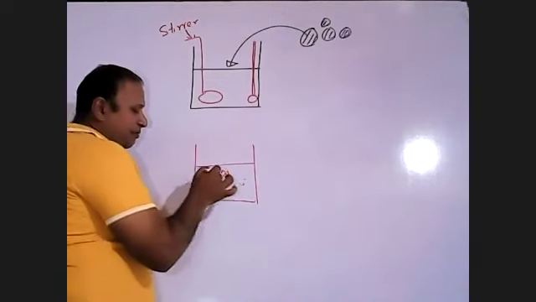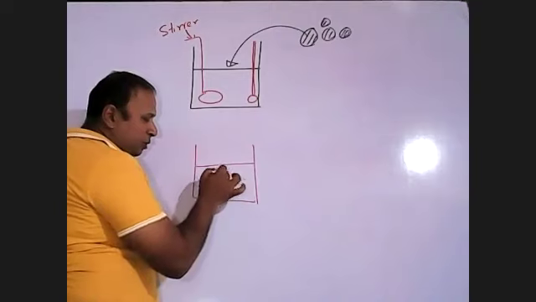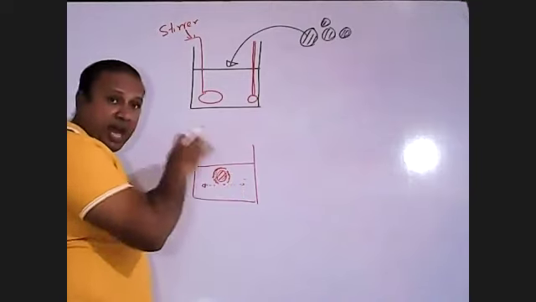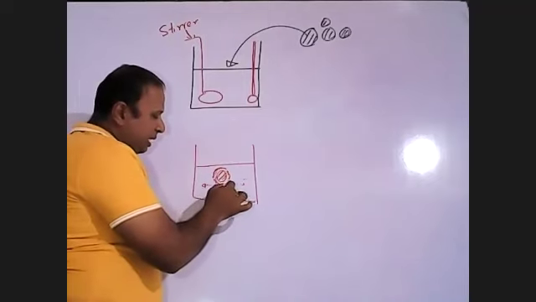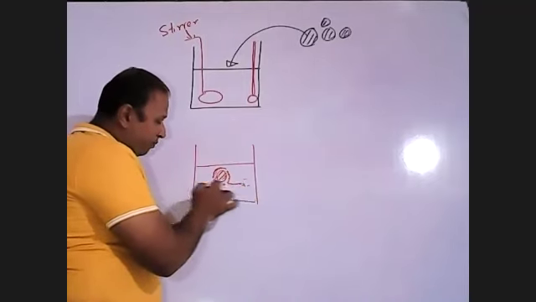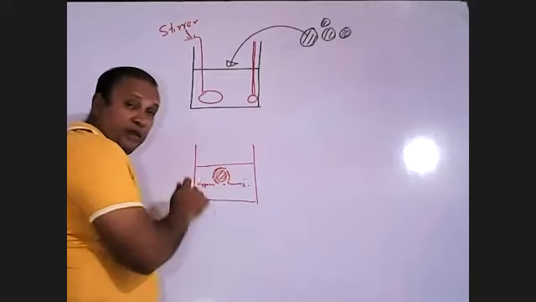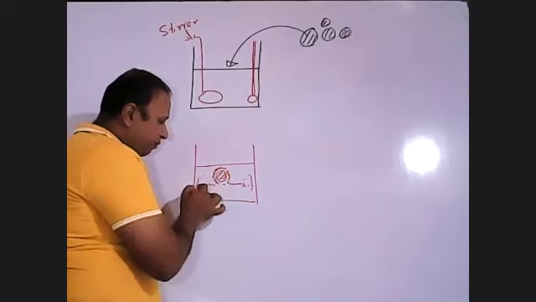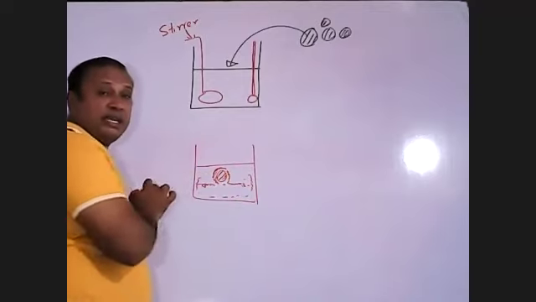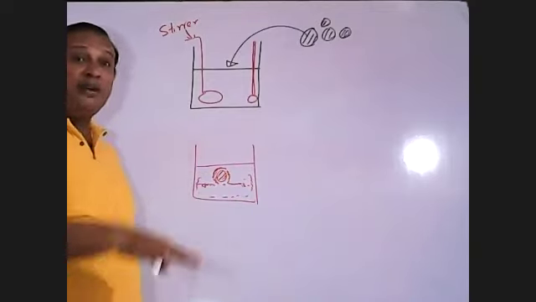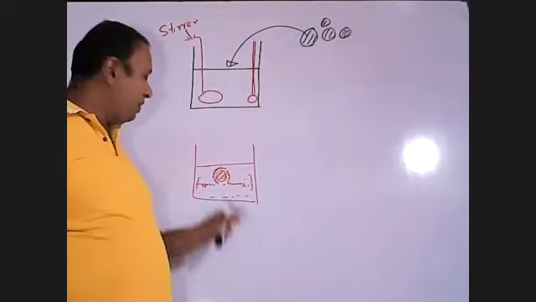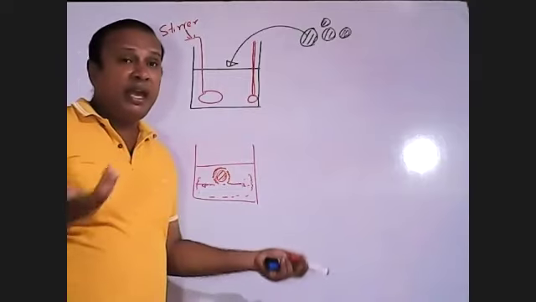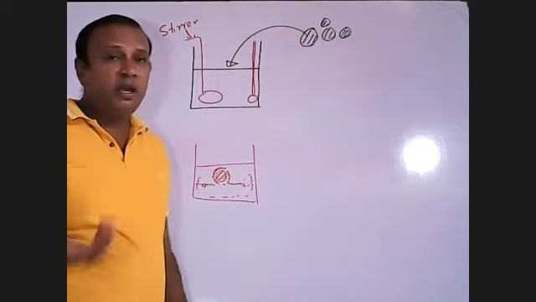Right? The temperature closer to the metal ball will be relatively high, but away from the metal ball, the temperature of the water will be relatively lower. Therefore, the temperature of the water will not be a constant value.